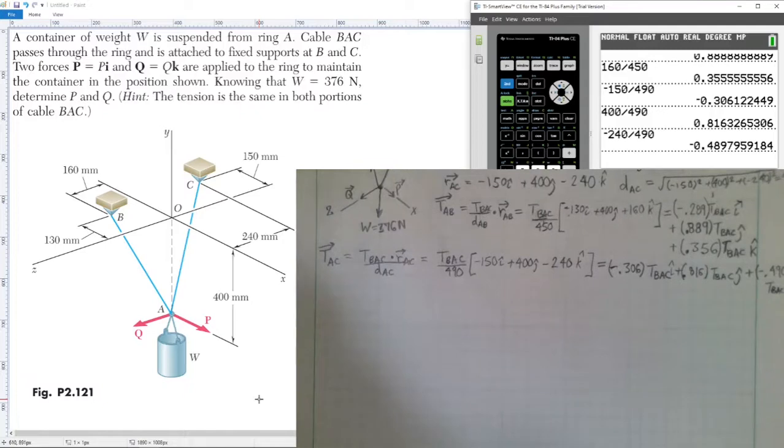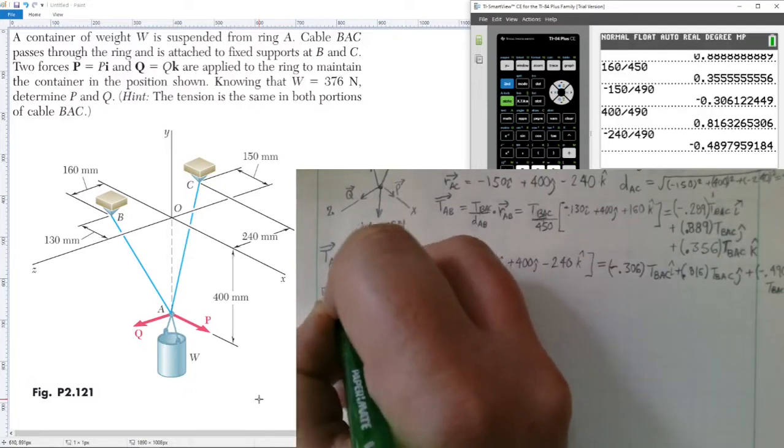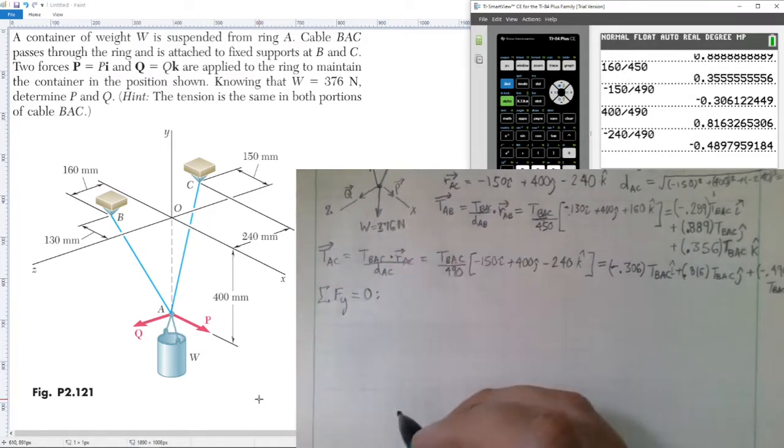I'll show this in the frame real quick. We're going to say the summation of forces in static equilibrium: the summation of force in the Y direction is equal to 0. So let's sum force in the Y direction.